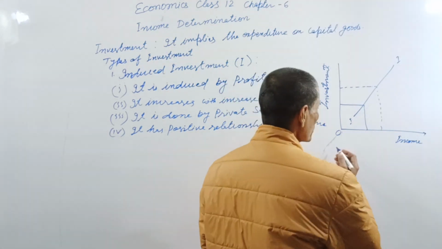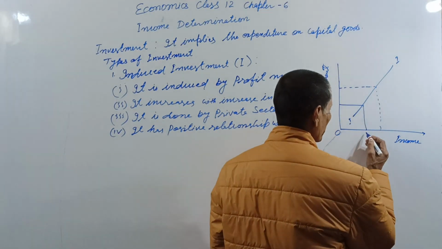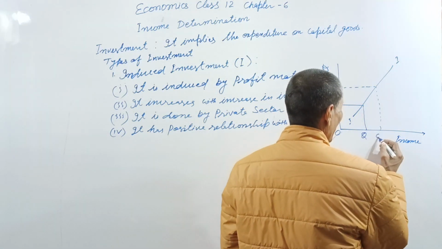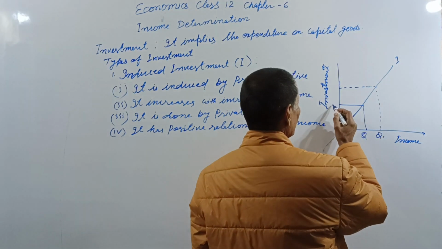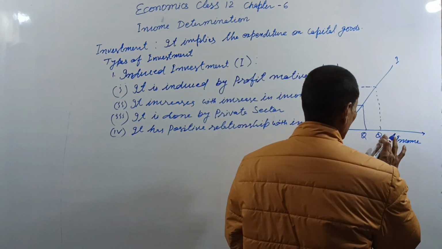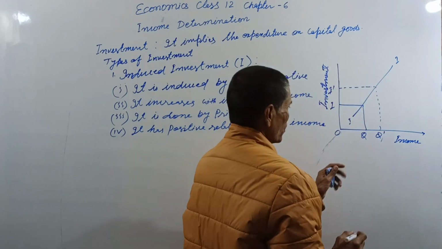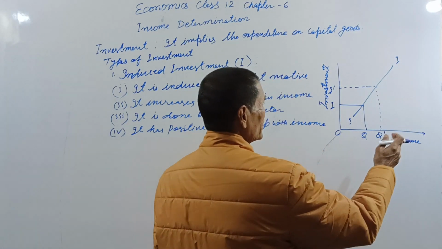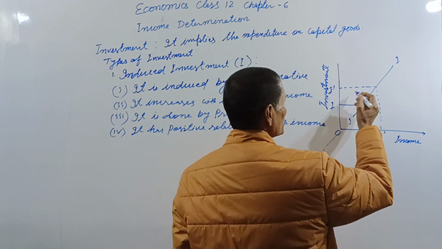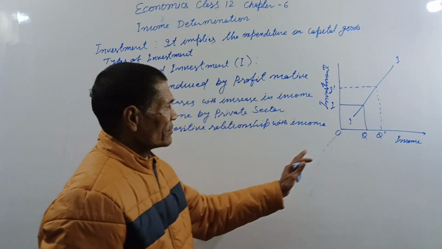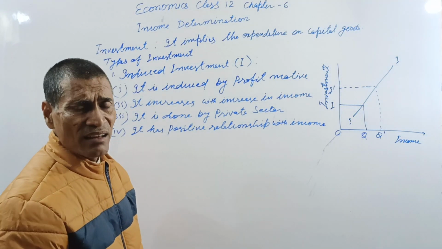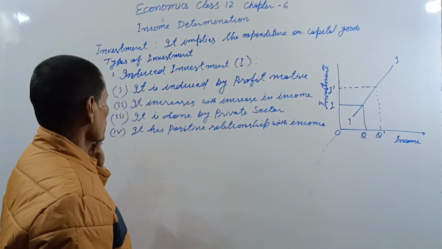See here, suppose income is this much level, OQ, and if it becomes OQ1, then investment becomes OI dash. The moment income increases, investment also increases. So this is the diagram, and very simple things, I think you know very well and have understood very well also.